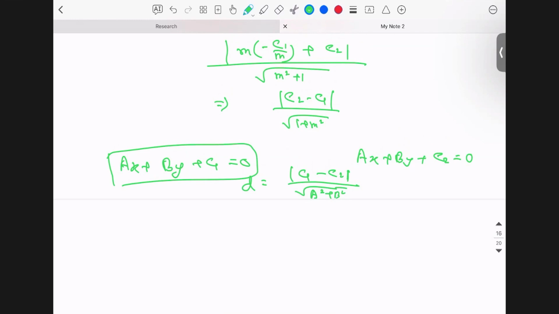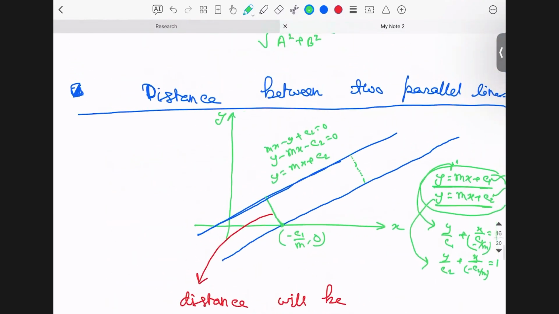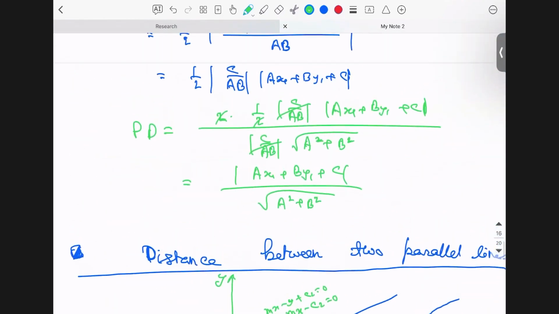Then you can find that the distance between these two straight lines will be of this form. Okay, so thus we can derive the distance between two parallel lines, and distance of a point from a straight line.